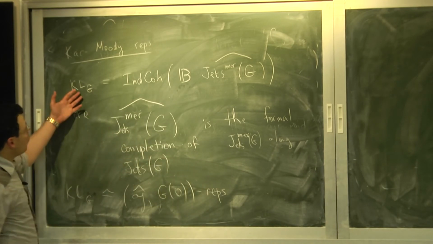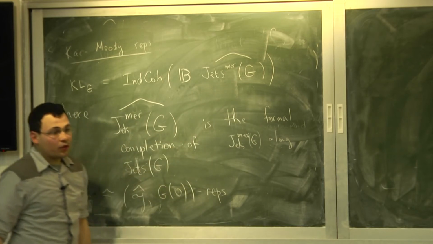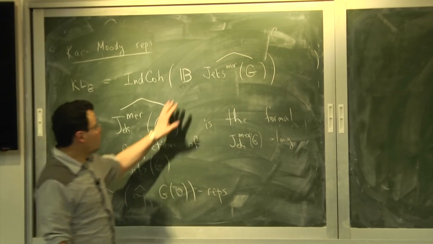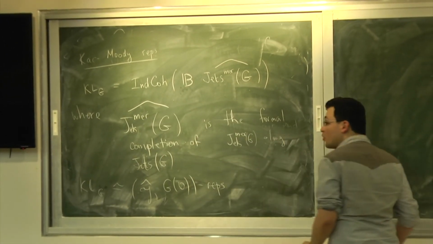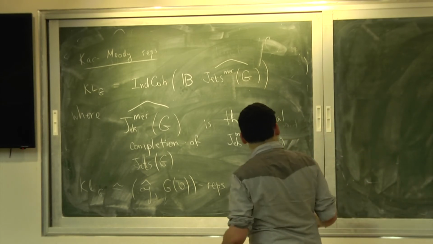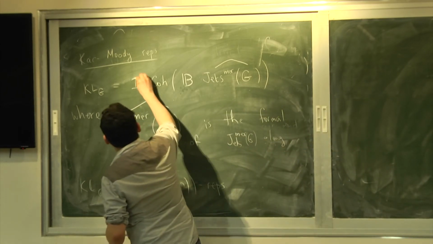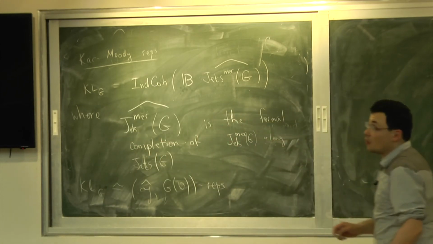So the way I wrote it, this makes perfect sense. This object makes perfect sense over the Ran space. So B makes sense. Meromorphic jets was something that we constructed over the Ran space. So we actually obtain one of these factorization categories.